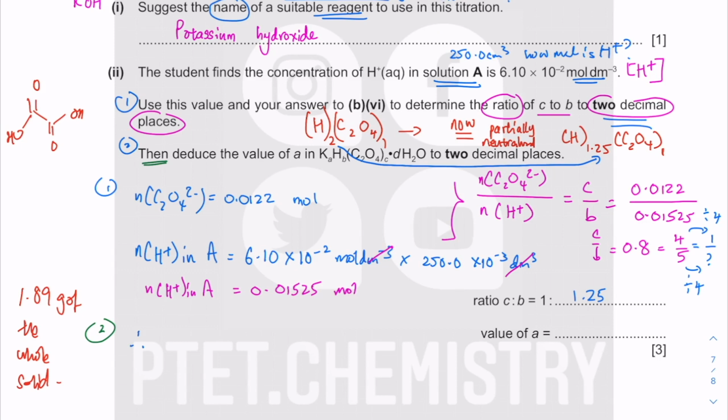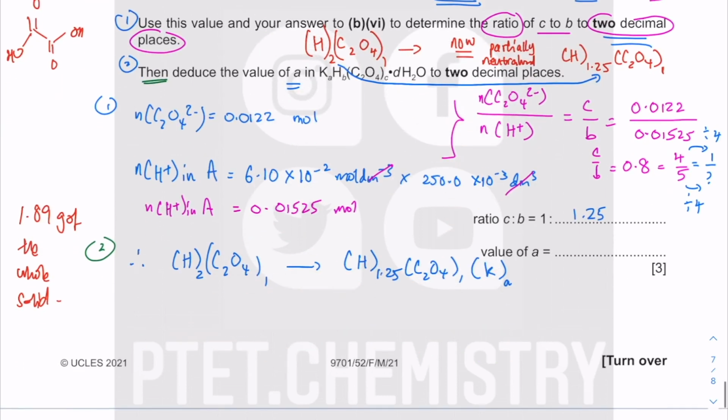Okay, so from H2C2O4 1 to become H1.25 C2O4 1, and you have a K something, which is A, right? Deduce the value of A. Okay, remember the H plus is replaced by K plus.